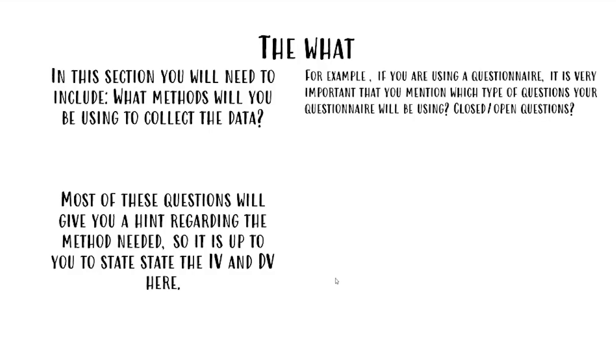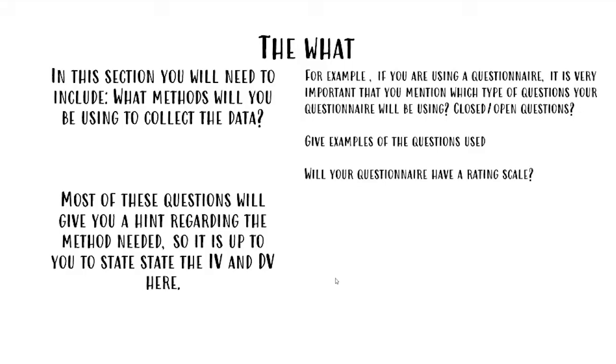So for example, if you're using a questionnaire, it is very important that you mention which type of questions your questionnaire will be using. So will you use a closed questionnaire, or will you have open questions, which will collect more qualitative data? You need to give examples of the questions used in that questionnaire. So 1 or 2 examples.